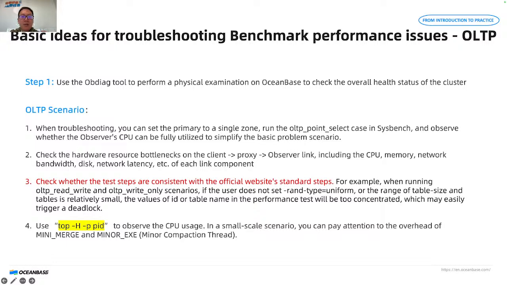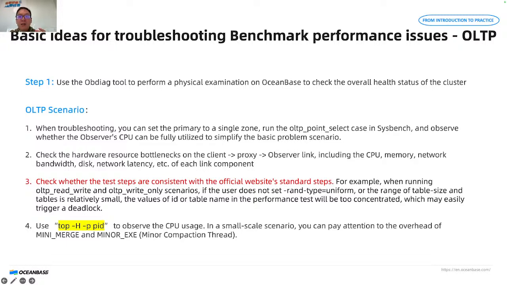Let's go back to our analysis of OLTP scenario problems. The first one is troubleshooting. Set the primary to a single zone, run the OLTP point select case in sysbench, and observe if the OB server CPU is fully utilized, to simplify the scenario. Second, lower CPU usage.